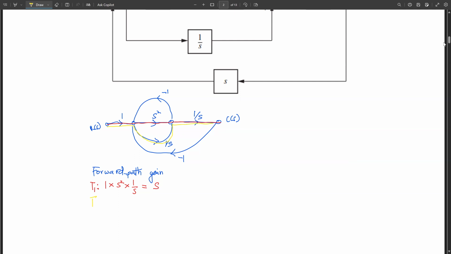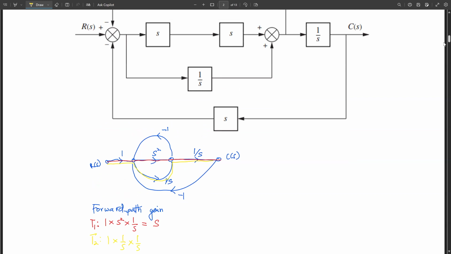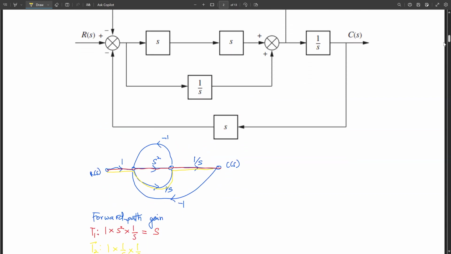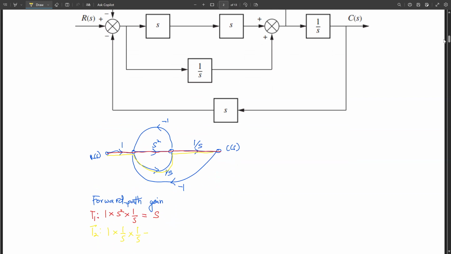So T sub 2 is going to be 1 times 1 over S times 1 over S. Let me see if I've missed anything. No, it's still the same thing. Okay. And then if you simplify that down, it gives you 1 over S squared.